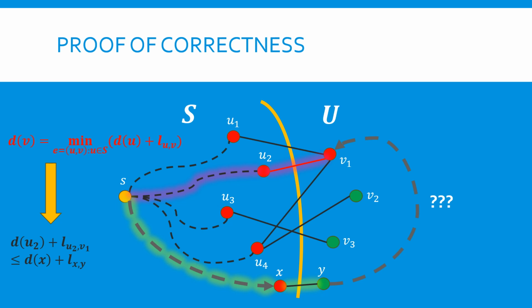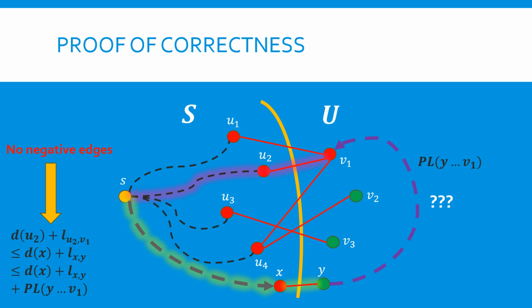Therefore, if the algorithm has picked the path SU2V1, it means that this path is the shortest. In other words, we have D(U2) plus L(U2,V1) less than or equal to D(X) plus L(XY).